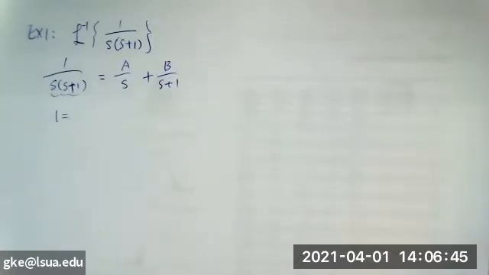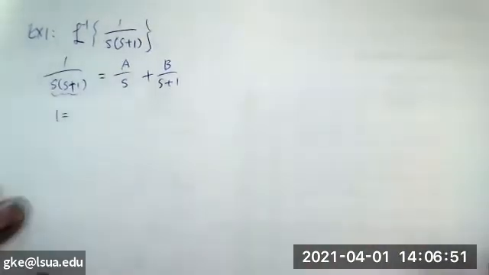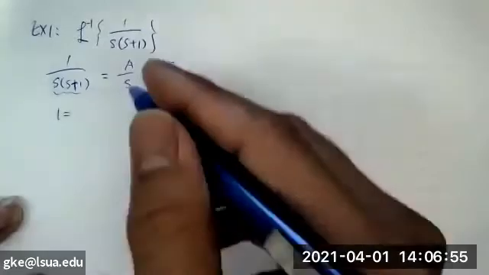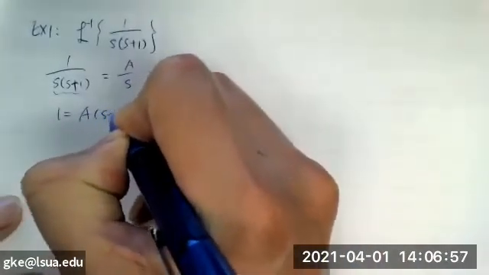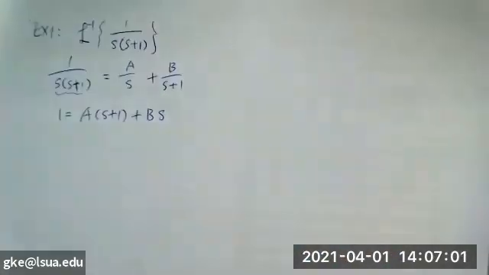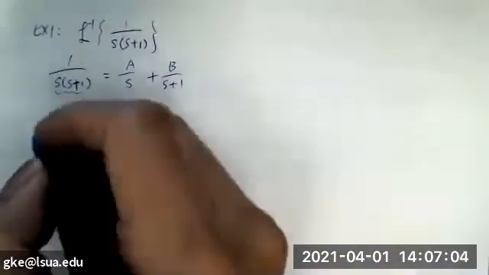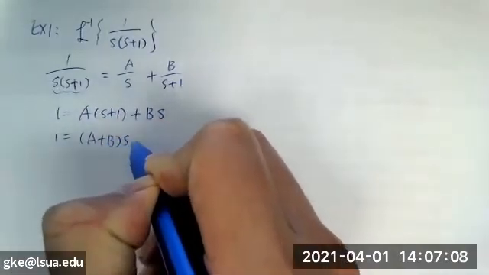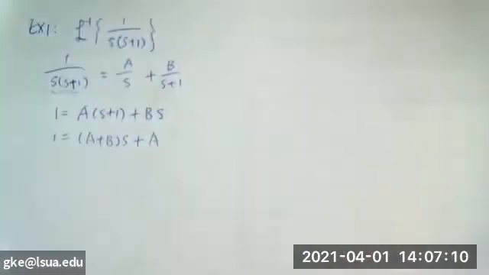We're gonna have A times s plus 1, plus B times s, right? And then you can combine all the terms: A plus B, s, plus A.